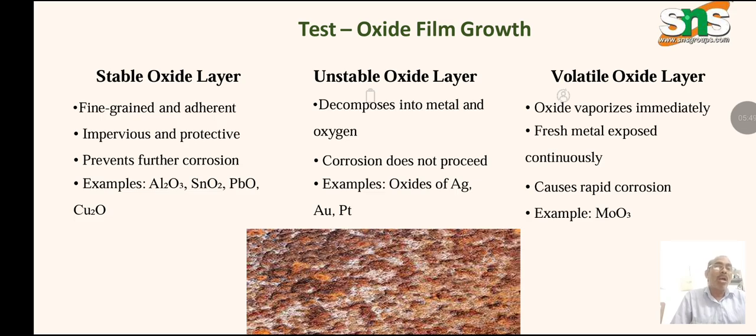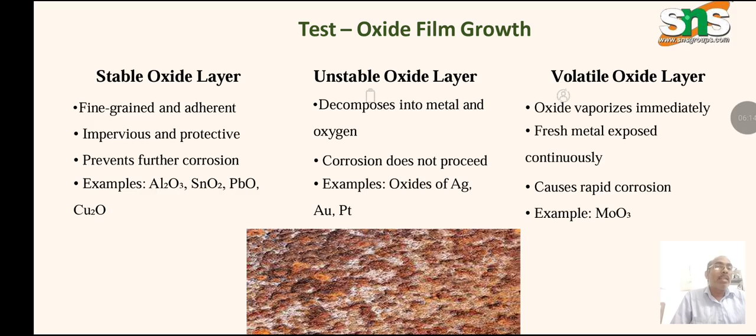The best example is stainless steel, which forms a stable oxide layer, in this case a bilayer of chromium oxide and iron oxide.